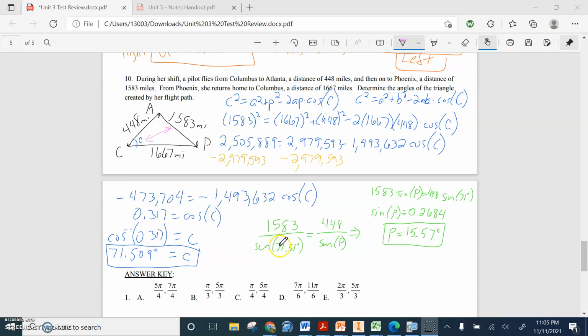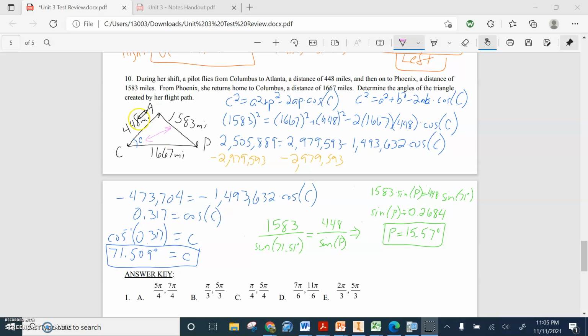We have to use the angle we just found, and that angle corresponds to the side of 1583 miles. The ratios go side over sine of the corresponding angle. So A over sine A, or C over sine C. In this case, 1583 over sine of 71.5. Now that's set equal to another ratio, and we can pick that ratio.